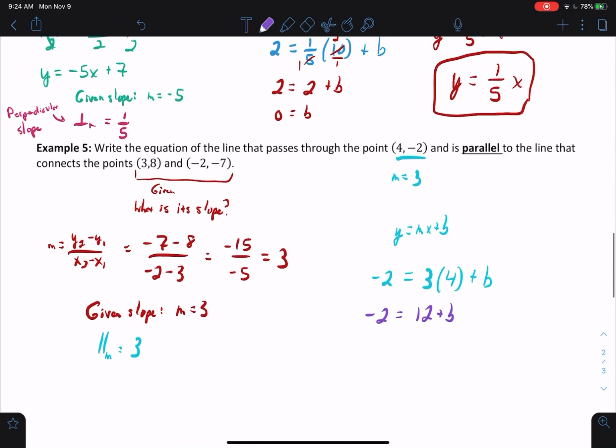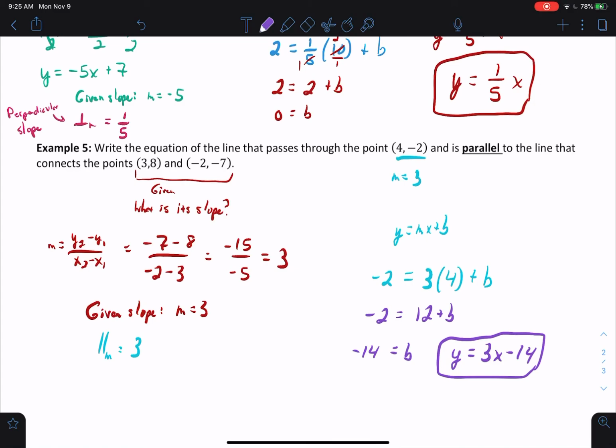Subtract 12 from both sides, and I'll get b equals -14. So the equation of my line is y equals 3x minus 14. This function goes through the point (4, -2) and will be parallel to the line that connects those two points.